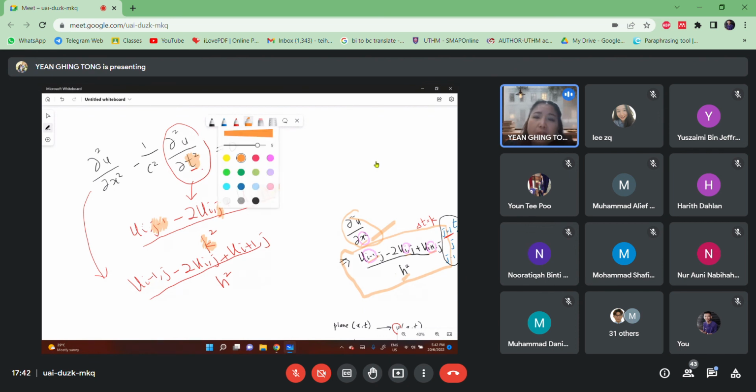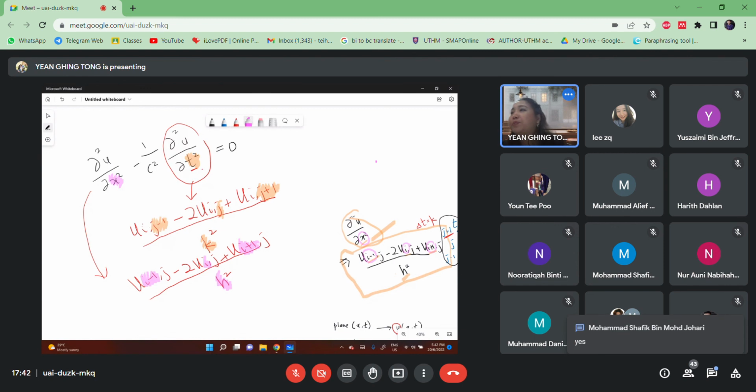But when it is with respect to X, that means here is H squared, and this one is I minus 1, I plus 1. The J we do not change. Okay, so now understand or not? Okay, good.